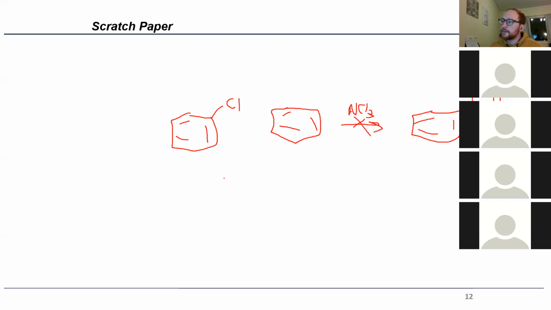The major reason is that it does not form a suitable electrophile. The phenyl cation is extremely high in energy. This carbocation is not delocalized across the ring. It's stuck on one carbon, and it is on an sp2 hybridized carbon, which is more electron withdrawing, and so this is a very high energy species. And so reaction of this chloride with aluminum trichloride does not get you to a suitable activated electrophile. And so you cannot use aryl halides in Friedel-Crafts chemistry.